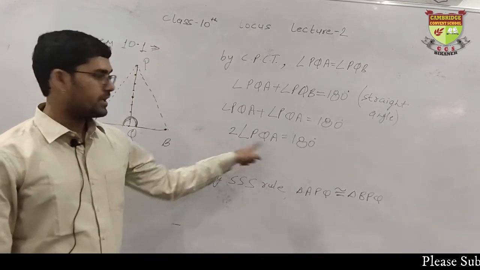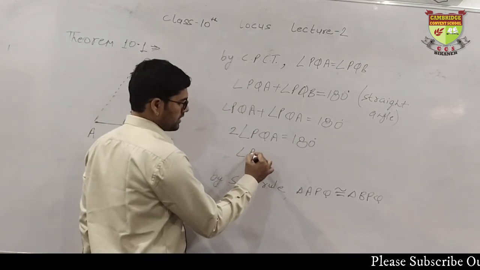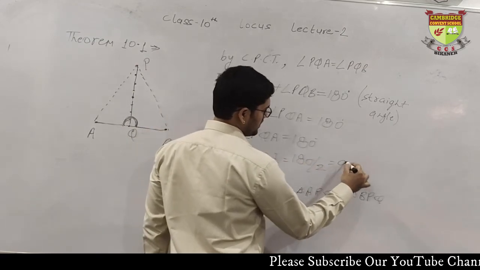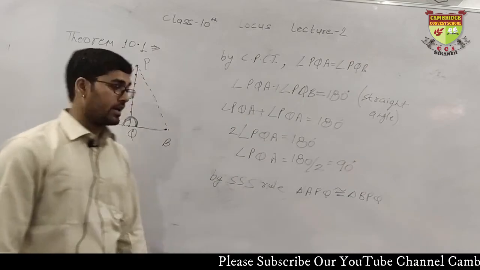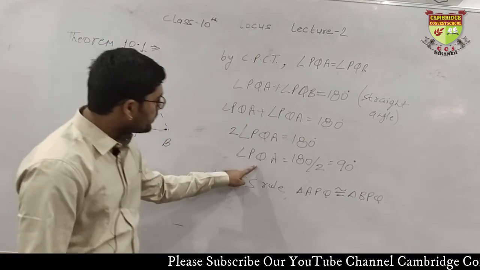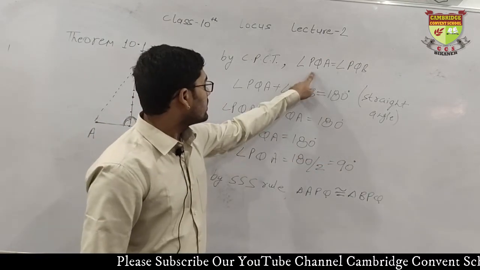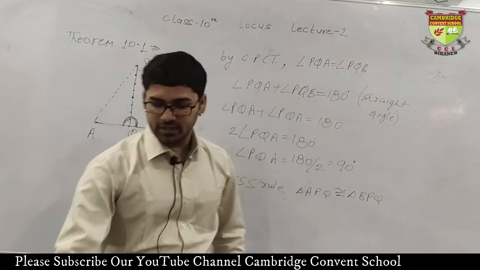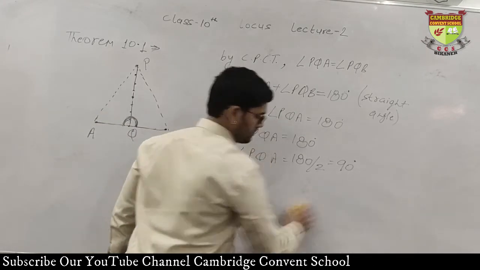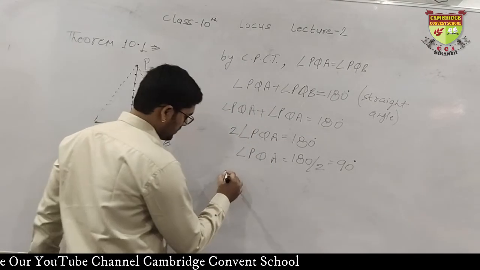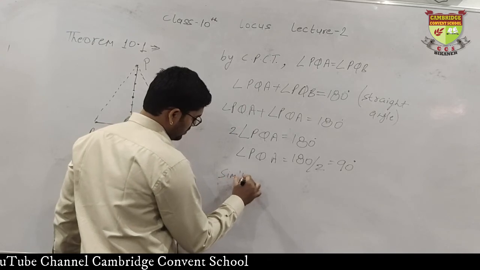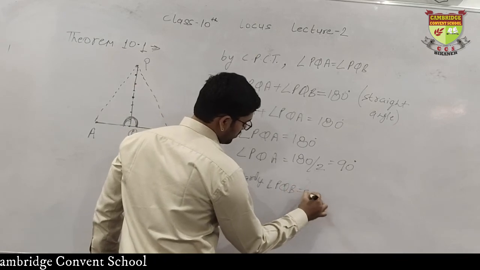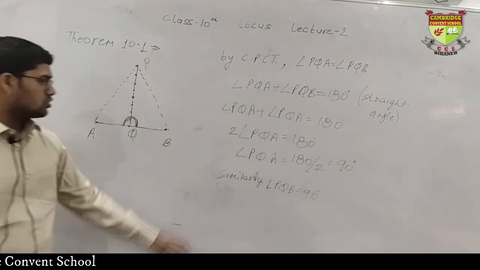Now 2 is in multiply, it will go for the divide. Angle PQA is 180 upon 2, that's 90 degree. Fine, so it has been proven 90 degree. If PQA is 90 degree, it is also equal to PQB. So PQB will also be 90 degree, right? Similarly, the other angle will also be 90 degree. So 90 degree is proven.